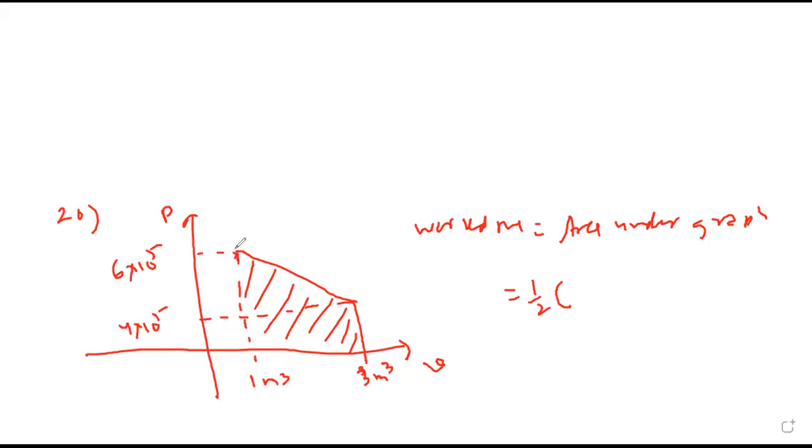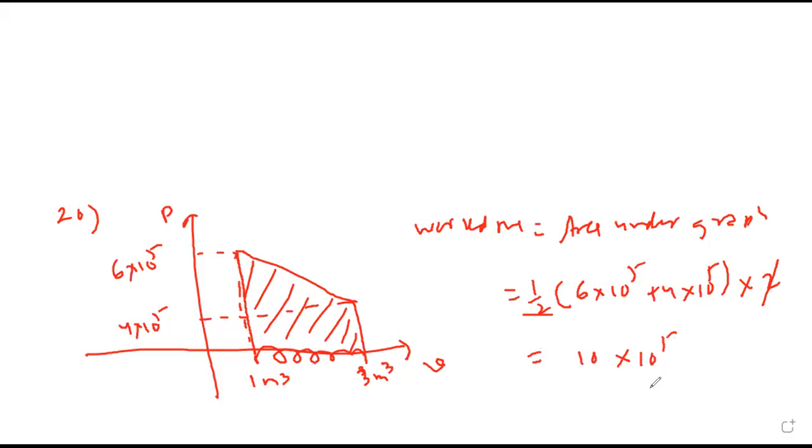So these are two parallel sides. One is 6 and the other is 4. And the perpendicular distance between them is this, which will be 2. So 6 plus 4, 10, into 10 raised to 5 joule. That is nothing but 10 raised to 6 joule, option.